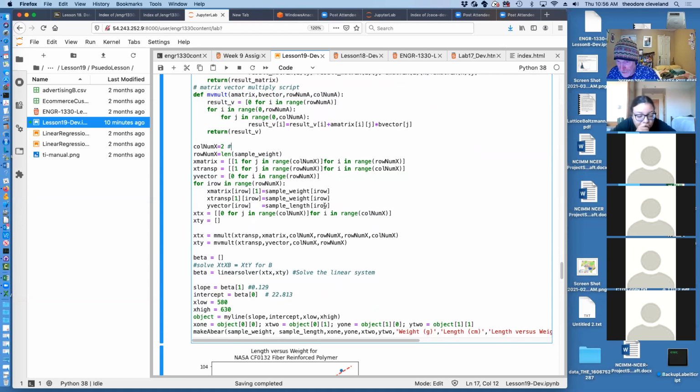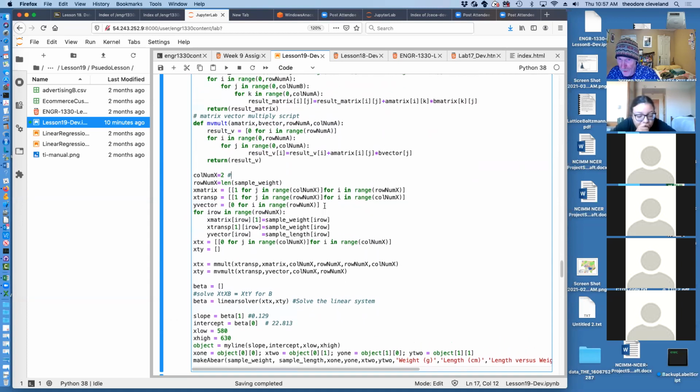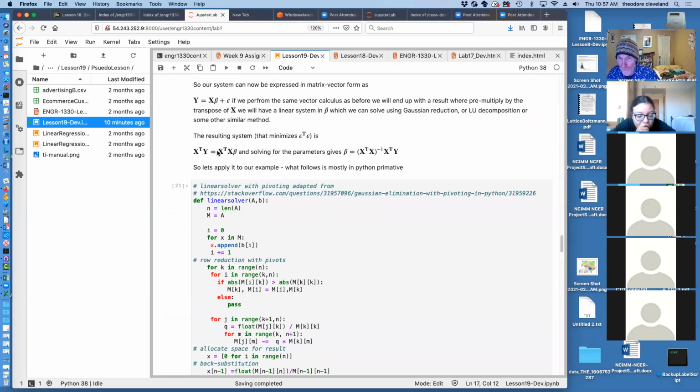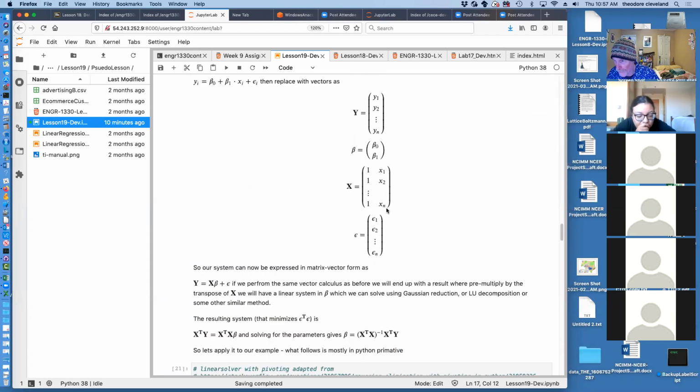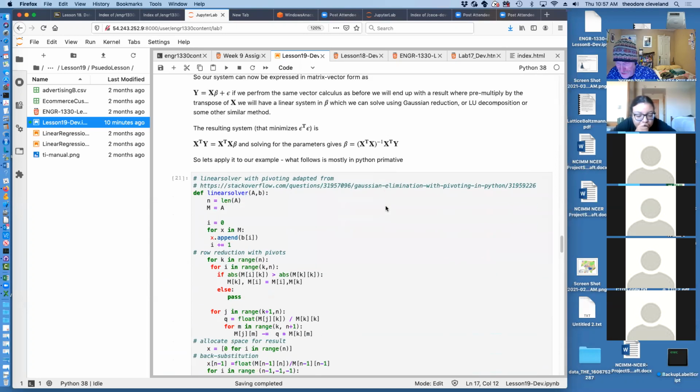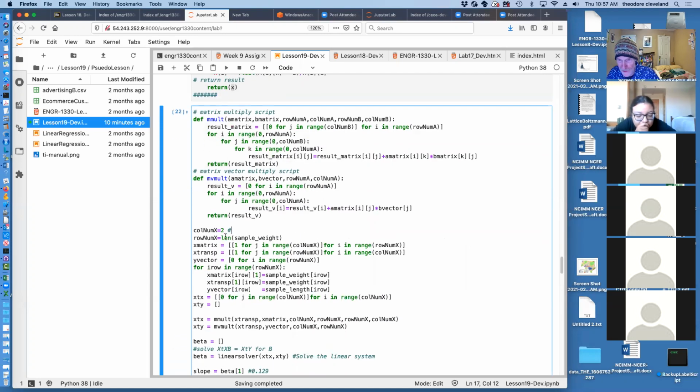So now let's build the matrices for our problem. When we perform our X transpose X, the number of columns we're dealing with in our design matrix is 2. So we're going to tell it that our design matrix has 2. The number of rows is going to be whatever the length of our data stream is, in this case, sample weight.